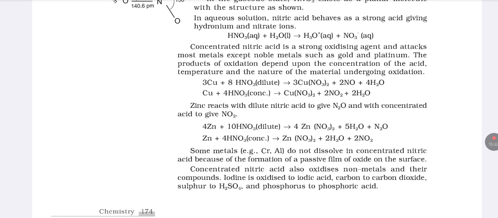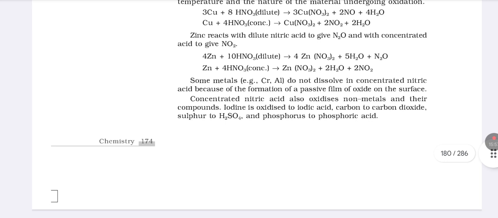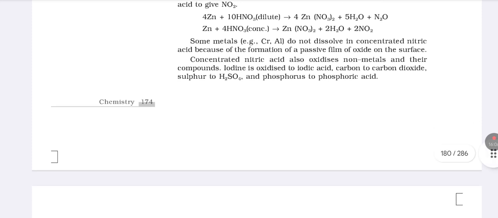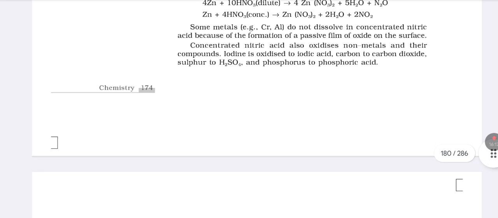The product of oxidation depends upon the concentration of the acid, temperature, and nature of the material undergoing oxidation. Zinc reacts with dilute nitric acid to give N2O and with concentrated acid to give NO2. Some metals do not dissolve in concentrated nitric acid because of formation of a passive film of oxide on the surface. Concentrated nitric acid also oxidizes non-metals and their compounds.